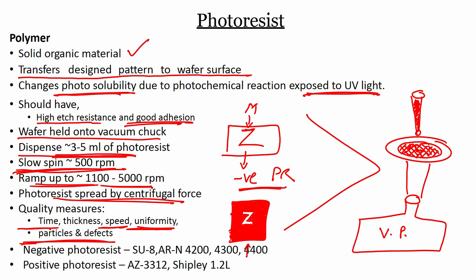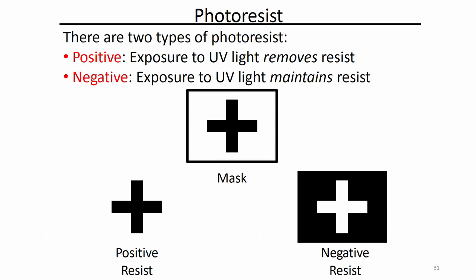Now, there are several kinds of photoresist. We have talked about SU8 as a negative photoresist, and then there is ARN 4200, 4300, 4400, and positive photoresist from a company Shipley, and also there is AZ3312. So, there are several kinds of photoresist, right. Now, this is the same thing that we have discussed, that there are two types of photoresist, one is positive, one is negative. If this is the mask which is shown, for the positive photoresist we will retain the pattern.